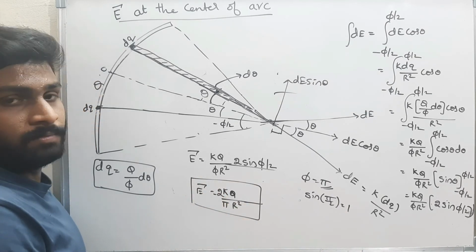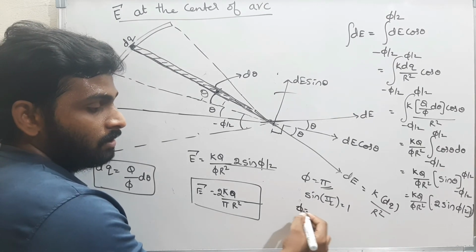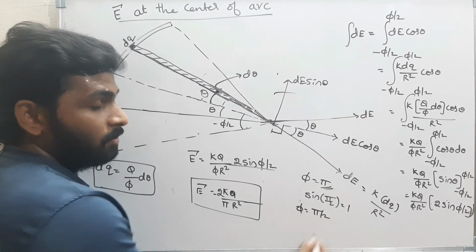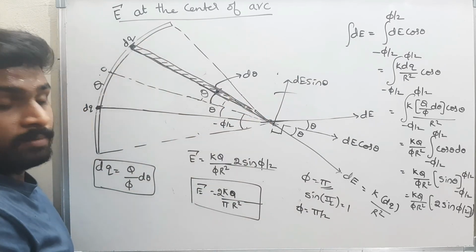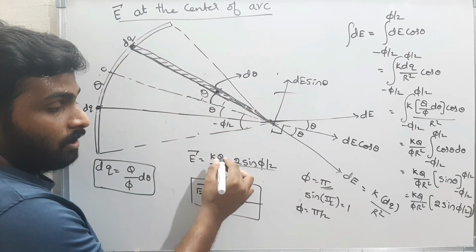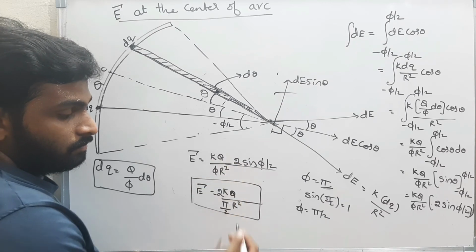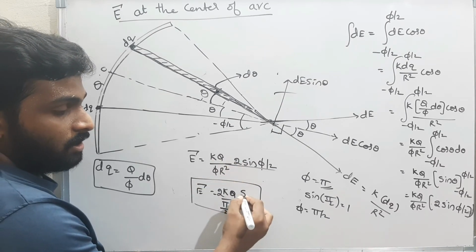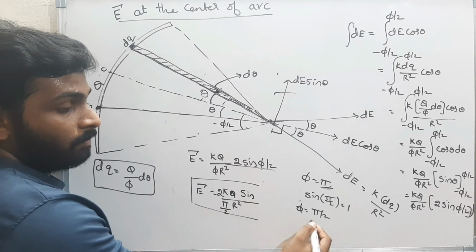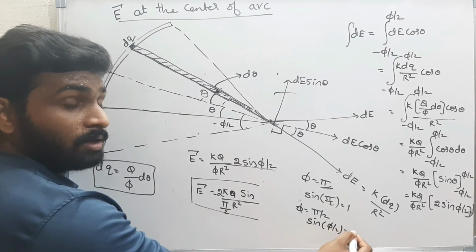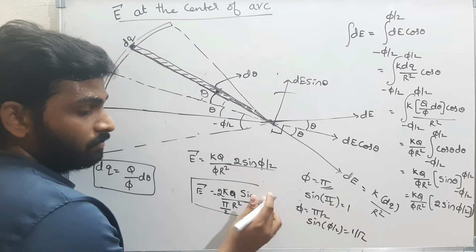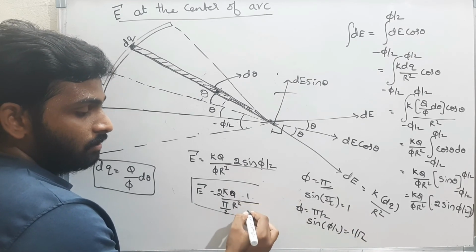If phi is pi by 2, that means the arc is making an angle of 90 degrees. Now what is the electric field? The electric field will be kq, phi is pi by 2, and r square, sin of phi by 2, which means sin pi by 4. That is nothing but sin 45, 1 by root 2. Therefore, you can write here 1 by root 2.